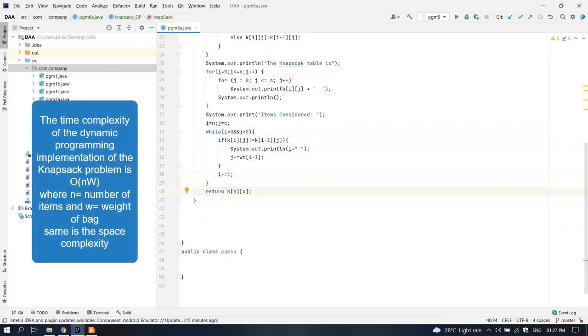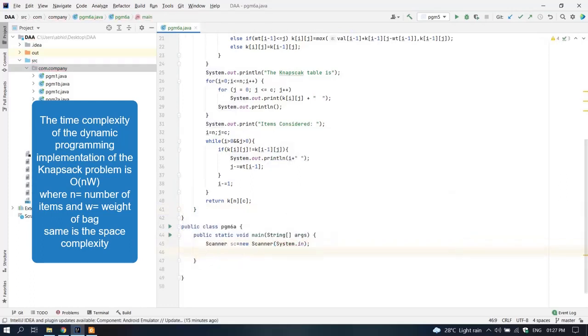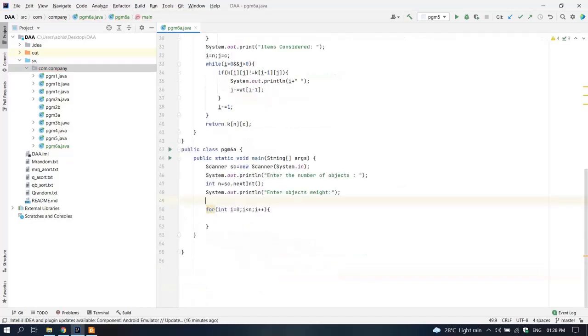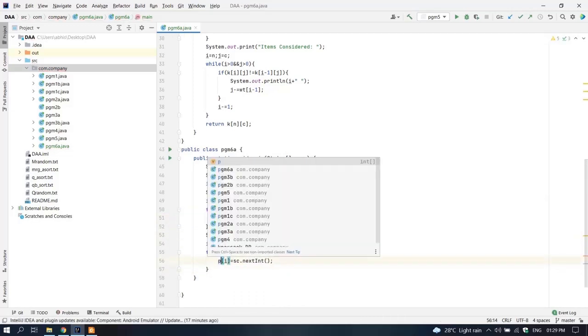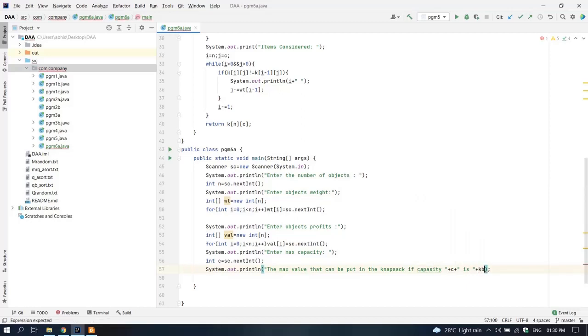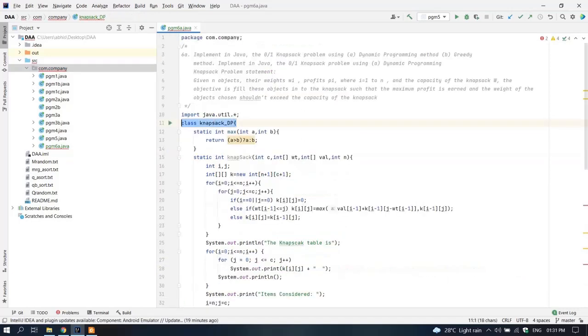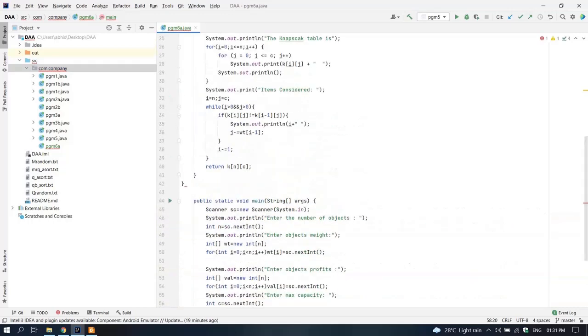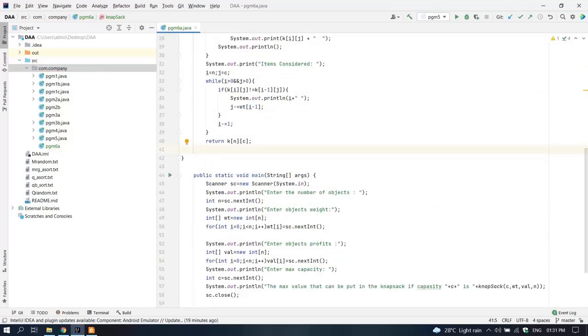So now we will make the main function. So this was our program.